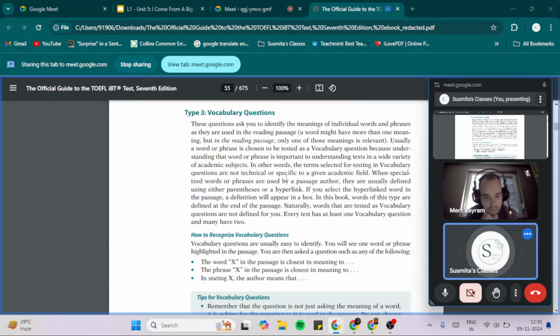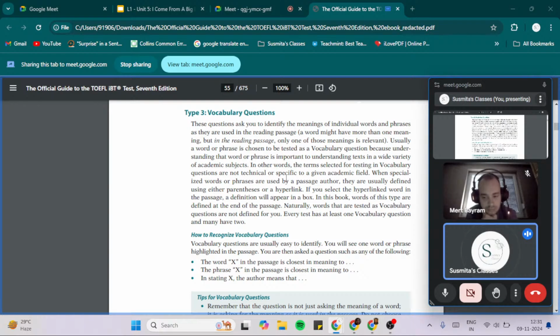The plus point I would say over here is they're not asking you a very high level of vocabulary. The vocabulary words are quite easy, at least that's what I feel. Even if you are at a basic level of English, you should be able to grasp this question easily.